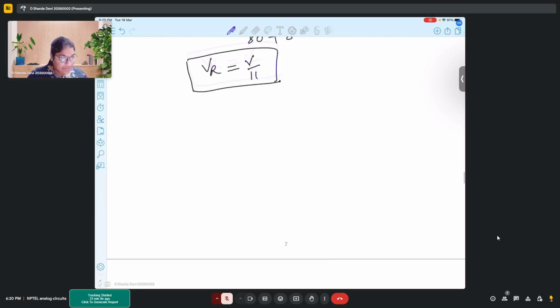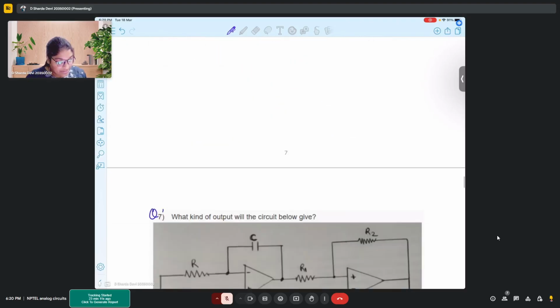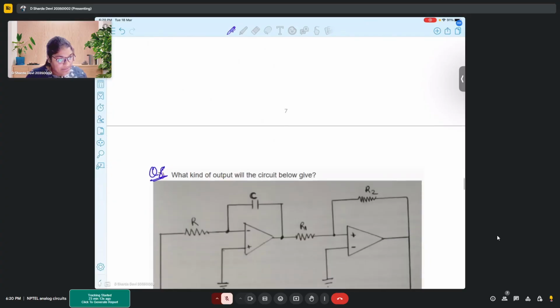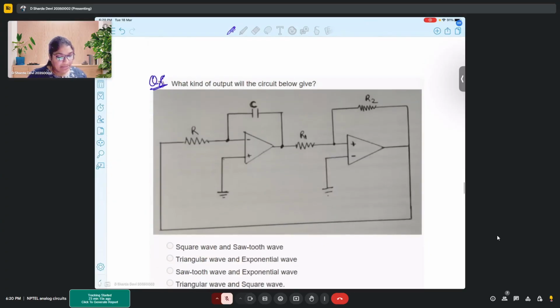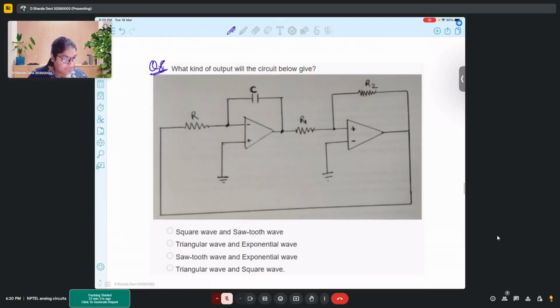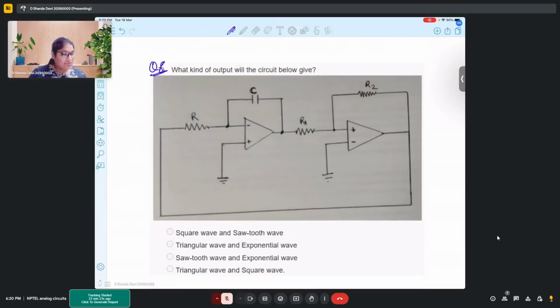Okay. So moving on to the next problem. In this problem, it is asked what kind of output this circuit below will give. Before going into the whole circuit, what is this particular circuit?